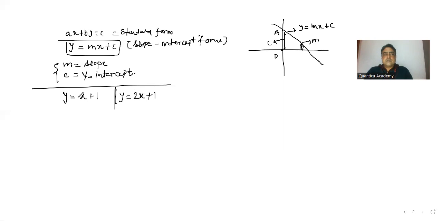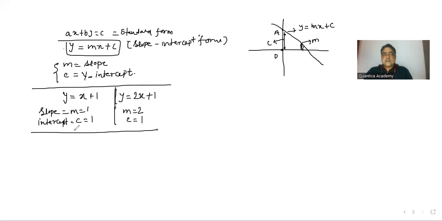If you compare these equations with y equals mx plus c, you find that the slope of the first line is 1 and the intercept of the first line is also 1, while in the second line m is 2 and c is 1. So this is the slope and intercept of a line.